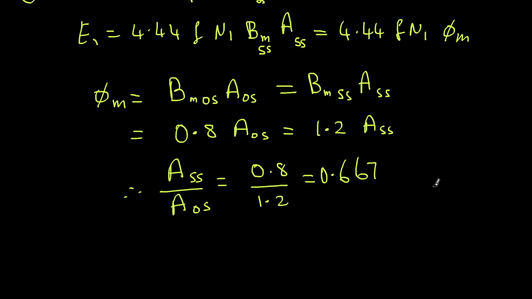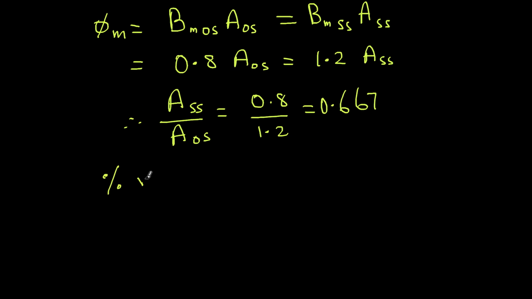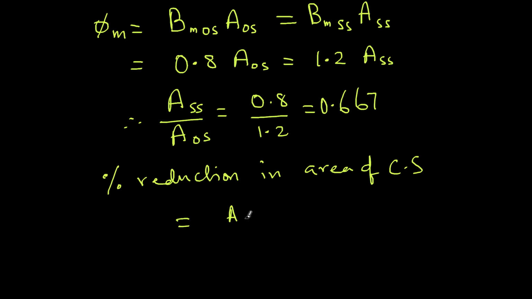Or in other words, if I want to find out the percentage reduction in area of cross section, it is 66% of that. So this one, area of ordinary steel, will become 33.3 percent.